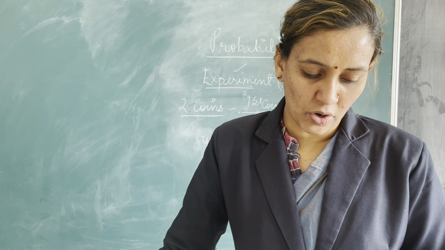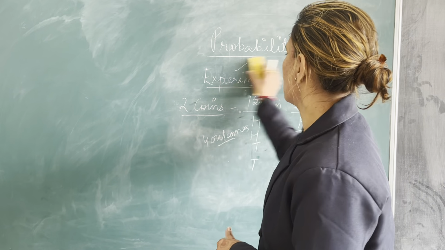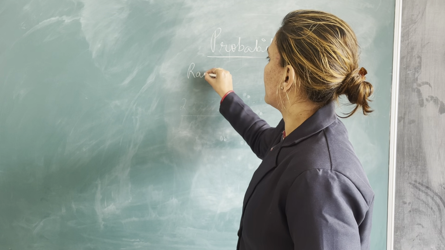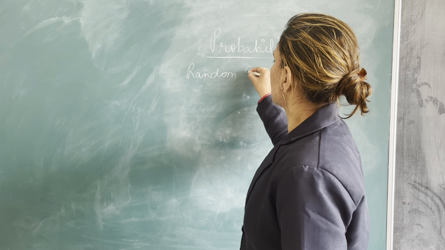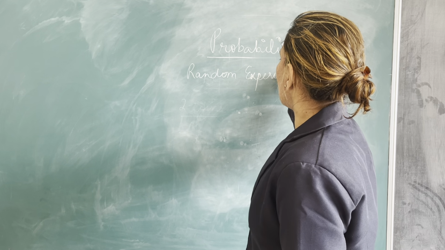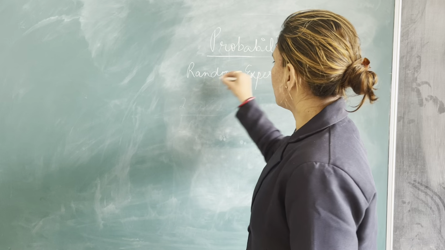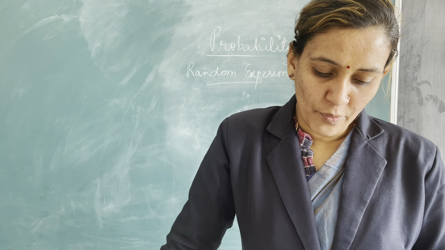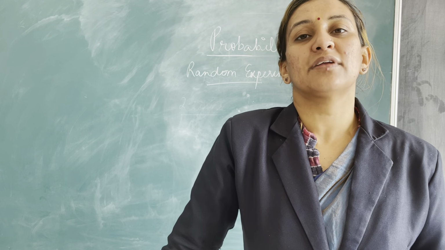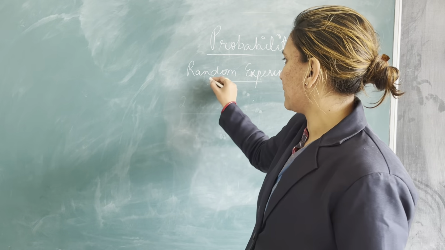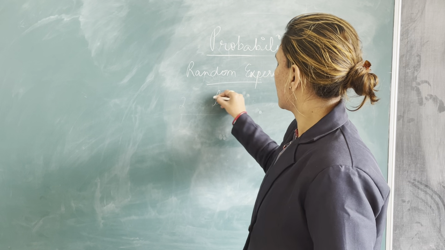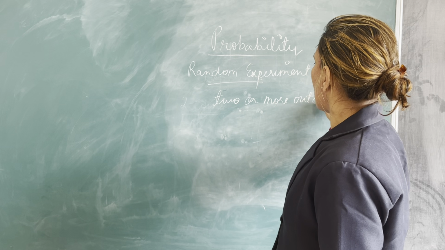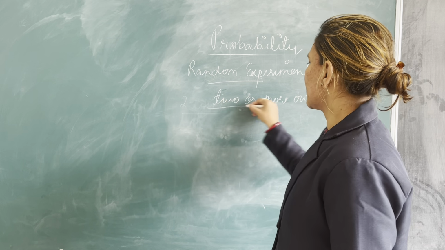Now let us talk of random experiment. What is a random experiment? If an experiment results in 2 or more outcomes, it is called a random experiment.